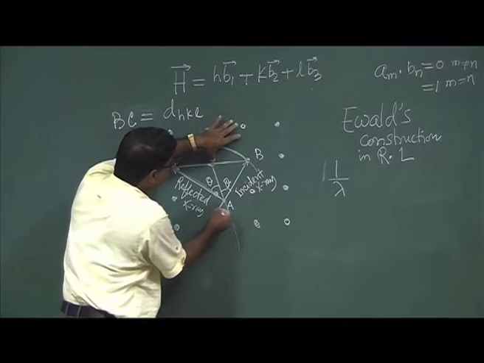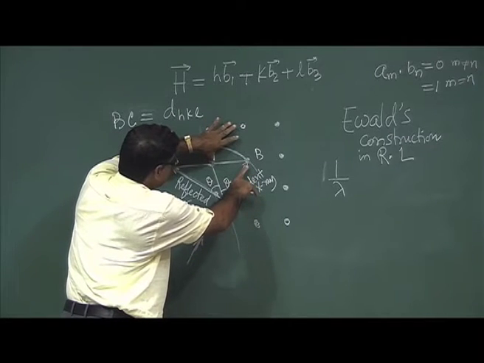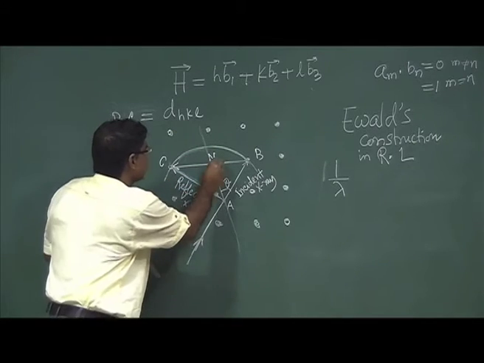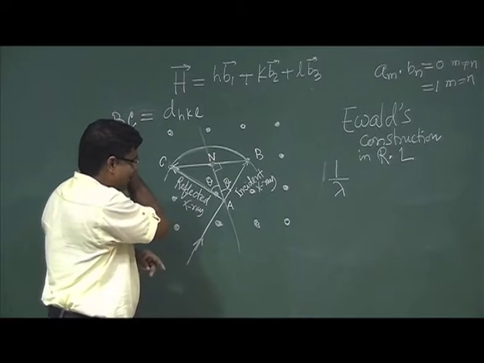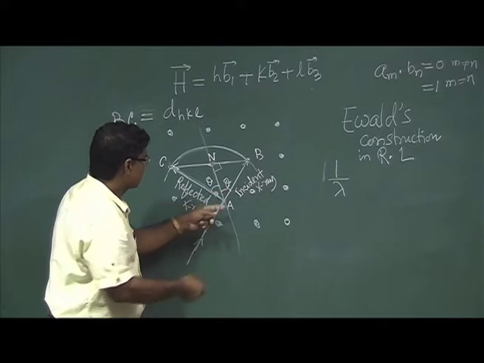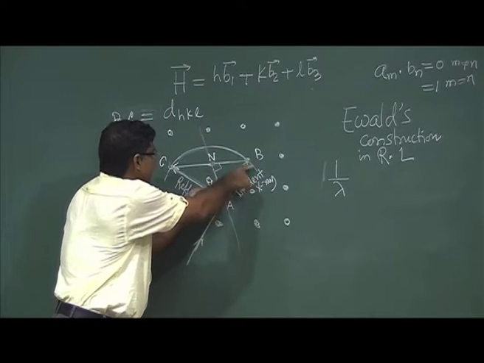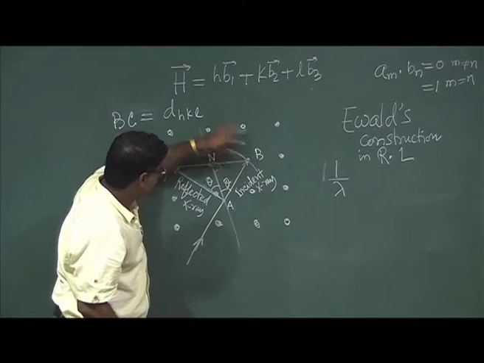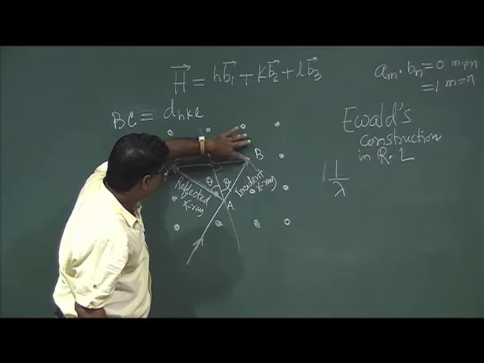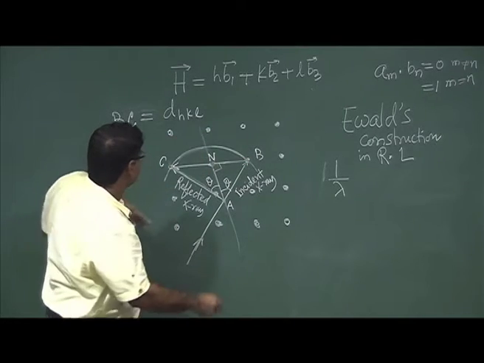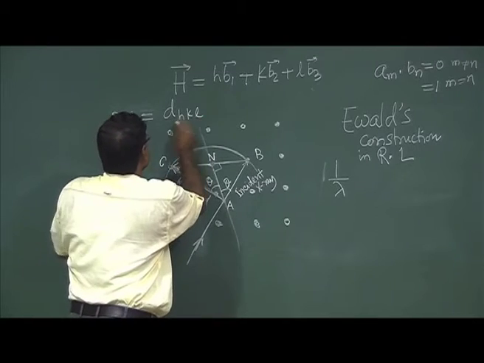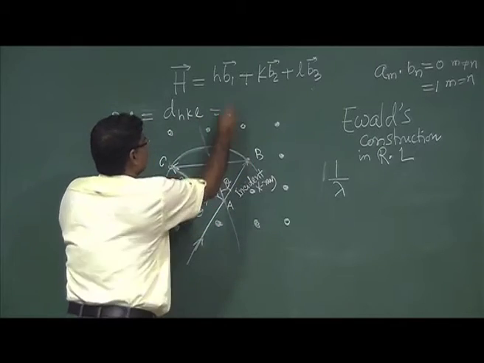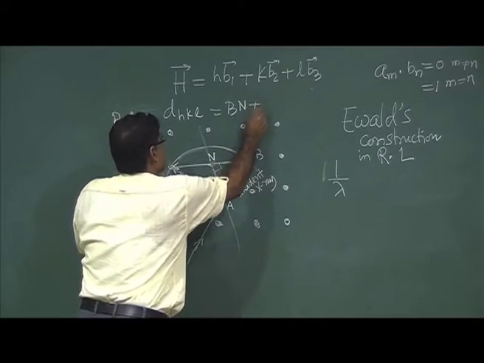Now BC, you see this AB, this is 90 degree, this is 90 degree, right. This is theta. So, the projection of this one on this, BC will be d HKL, and this is basically BN plus NC.